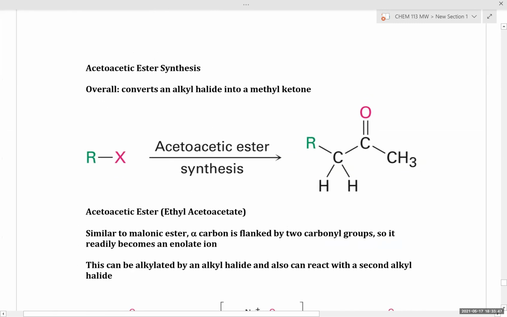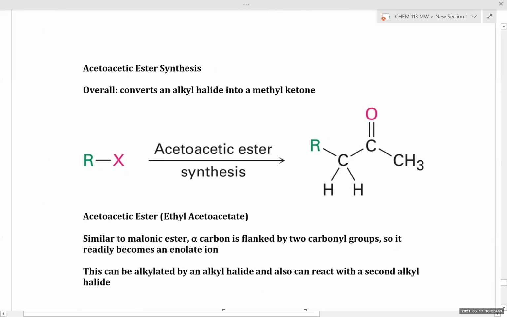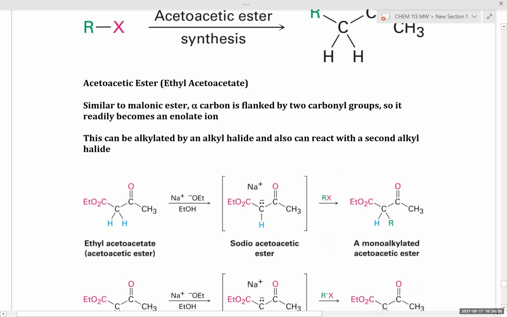So we've already seen applications of acetoacetic esters, but let's just talk about this. This is the exact same thought process as the malonic ester synthesis, in that it can convert an alkyl halide, this time into a methyl ketone or other substituted ketone. In this case, rather than using a malonic ester, we're using acetoacetic acid ester, in this case, ethyl acetoacetate.